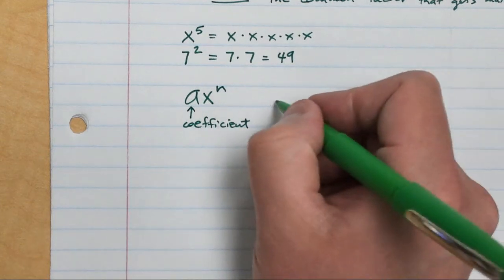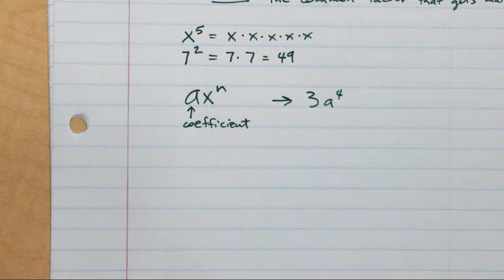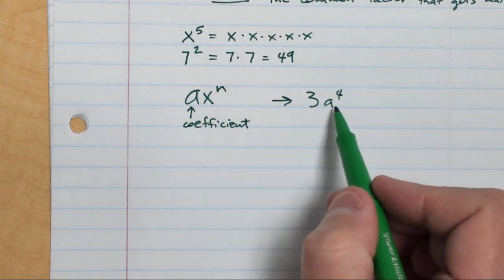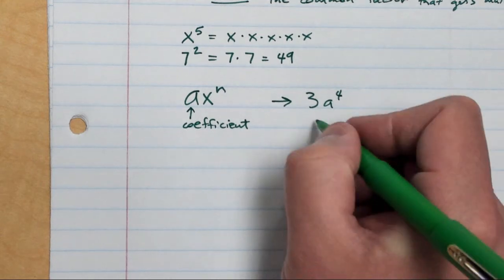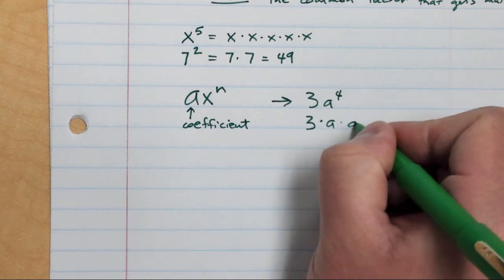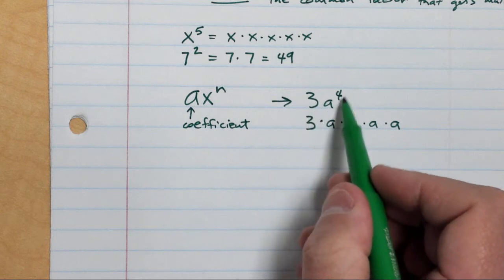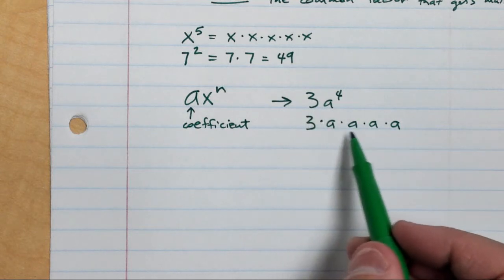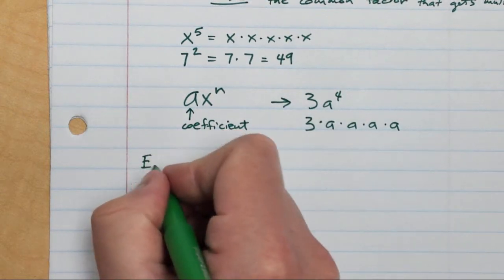And so an example here would be 3 times a to the 4th power. So the coefficient is 3, the base is a, and the exponent is 4. And if I were to write this down in expanded form, that's 3 times a times a times a times a. 3 times a to the 4th power is the same thing as 3 times a times a times a times a.